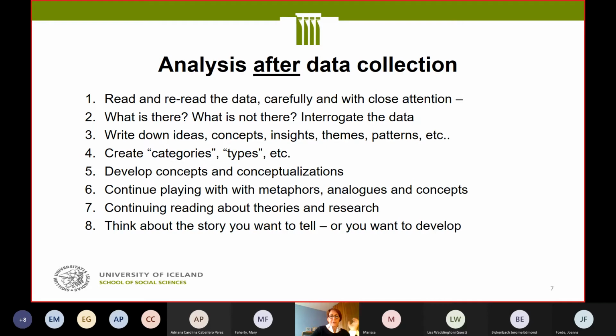In that period of analysis, it's important to continue playing with metaphors and all kinds of concepts. And please continue reading about theories and research, and think about the story you want to tell or that you want to develop. Like I said before, there are very different stories that can be told based on basically the same research project, research data.